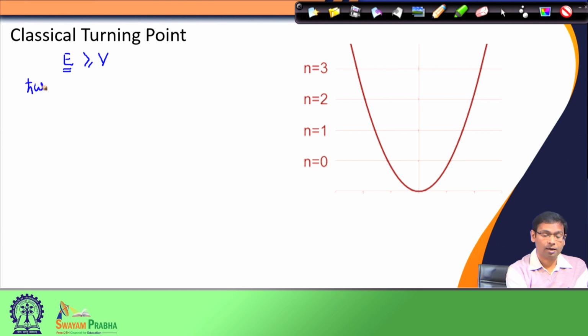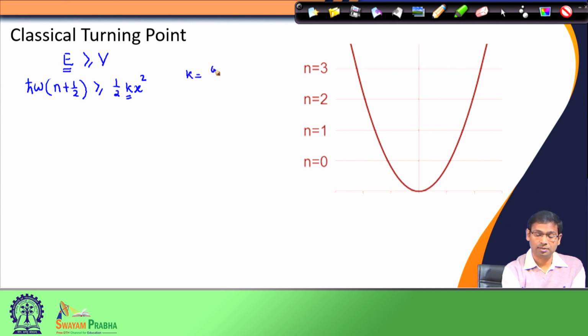For a quantum mechanical harmonic oscillator, the total energy we obtain is h bar omega times n plus half, and the potential energy is half k x square, where k is the force constant.